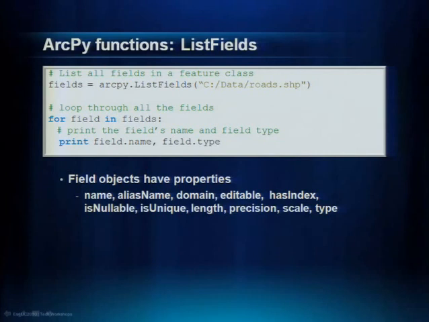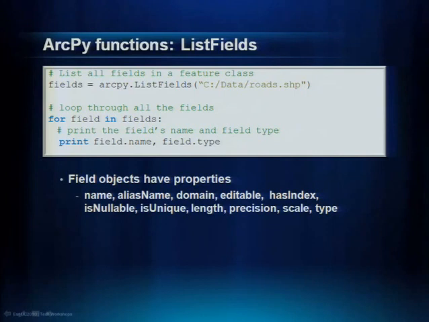So another one, and I'll try to get through this slide quickly so we can see another demonstration. In this one, we'll use the list fields function to create a list of all of the fields that are in a table, or in this case, a feature class, a shapefile feature class. So we'll loop through each of the fields: for field in fields, where fields is the list.